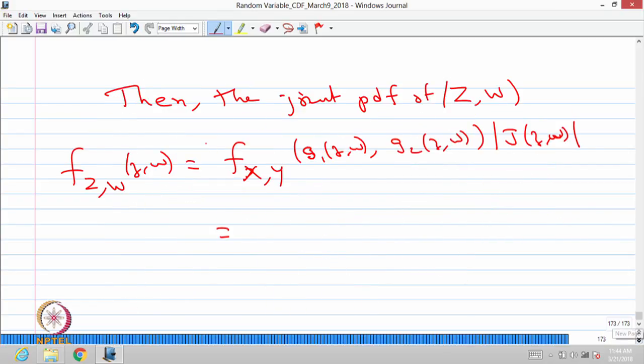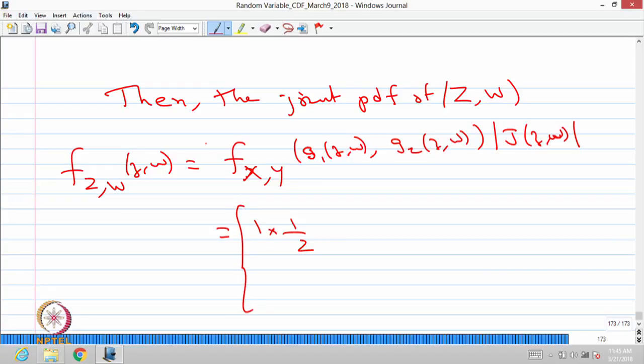Since it is a constant, this is going to be again 1. And the Jacobian quantity is minus 1 by 2, and we have to substitute the absolute quantity, therefore, it is 1 by 2 multiplication.